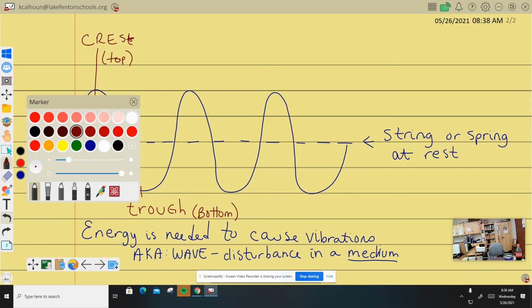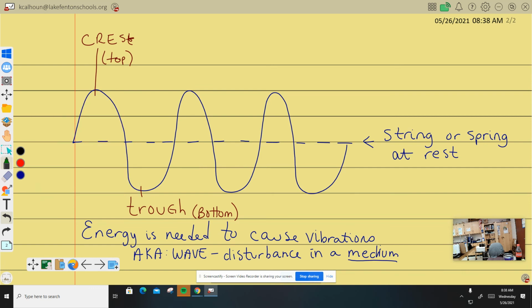All right, then we have the height of a wave from rest to crest, or rest to trough.